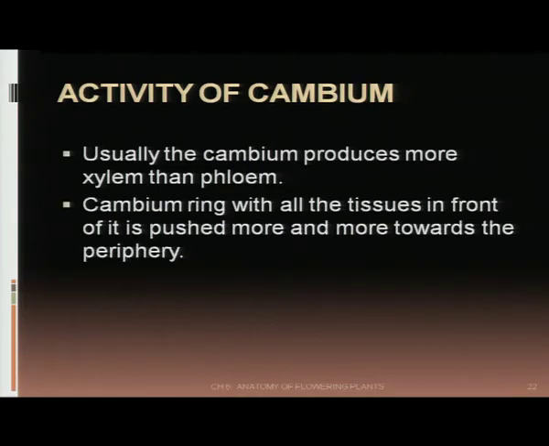So, generally it happens that cambium produces more xylem than the phloem, and the cambium ring with all the tissue in front of it is pushed more and more towards the periphery. A lot of xylem is being formed, and as the secondary xylem is being made, the cambium is pushed towards the cortex because a lot of tissue is being made in front of it.